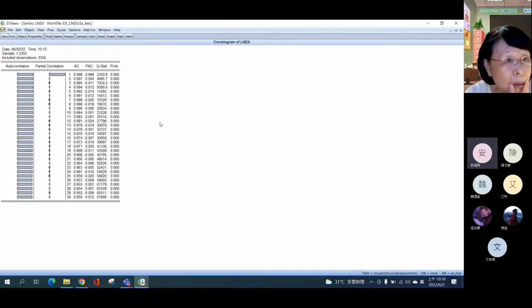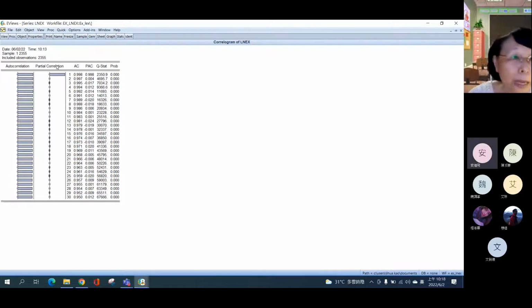Yes, the first 20. They are separate. That means that after some lags, there's no autocorrelation by themselves. But for the first maybe 20 lags, they are highly correlated. Then up to some lags, the autocorrelation disappeared. Okay, understand. Thank you.